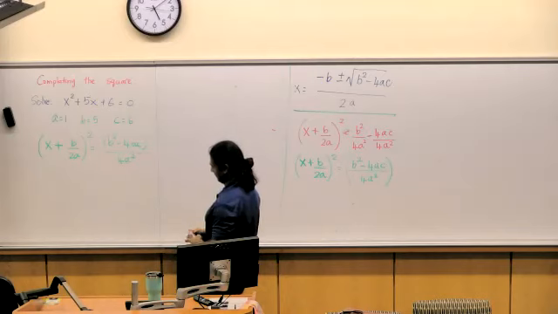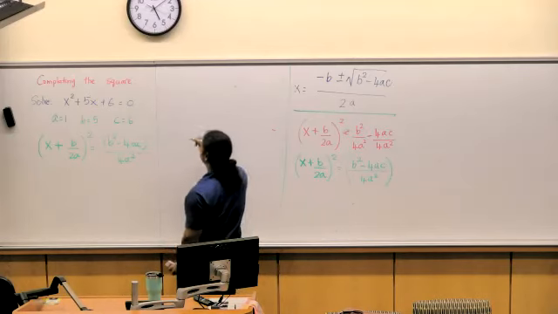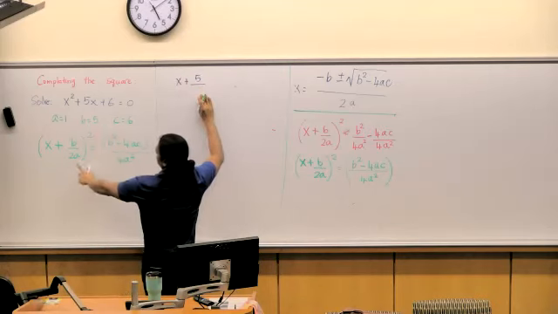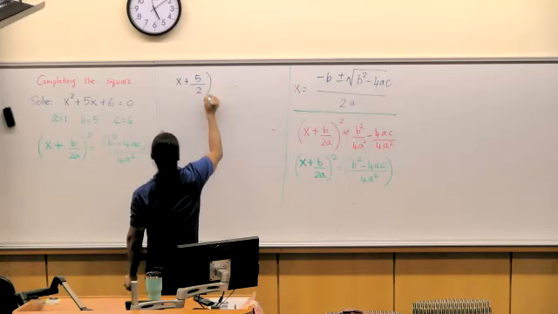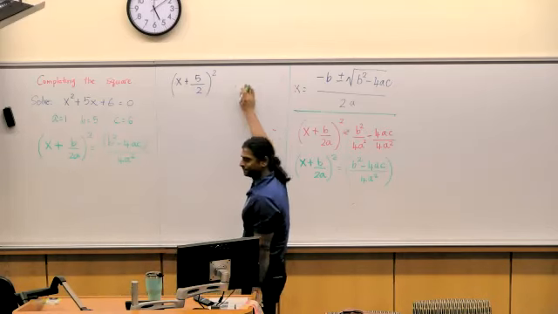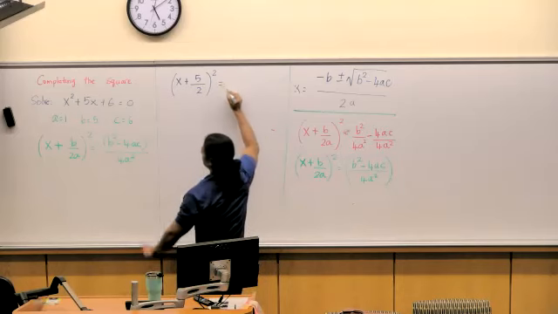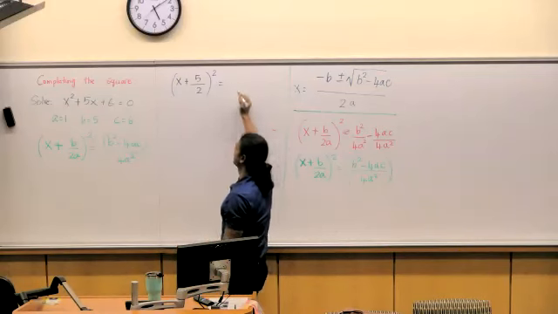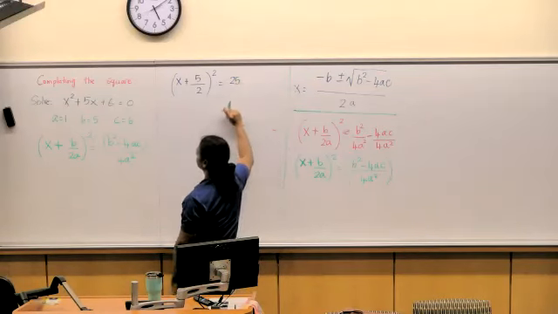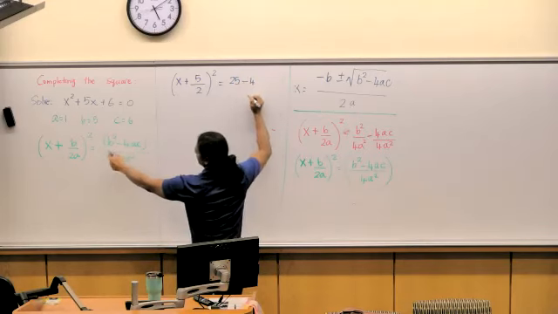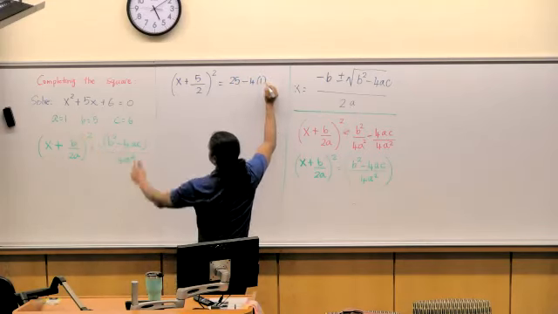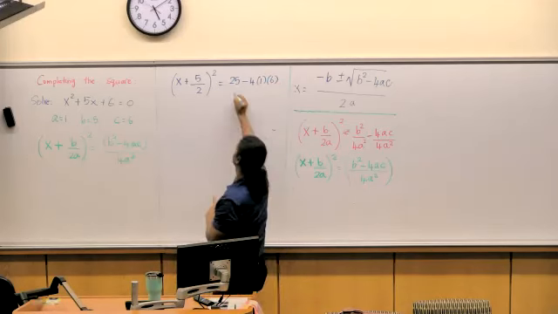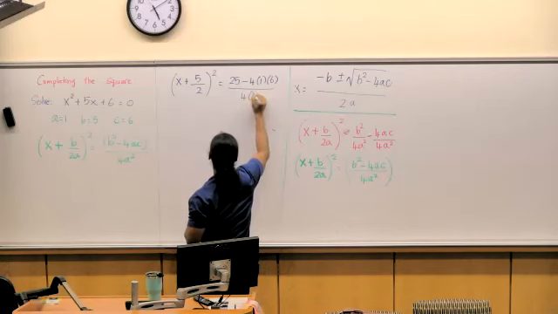Just going to plug in the numbers. So x plus b over 2 times 1, squared, equals b squared, which is 5 squared. What is 5 squared? 25, minus 4 times 1 times 6, divided by 4 times 1 squared.